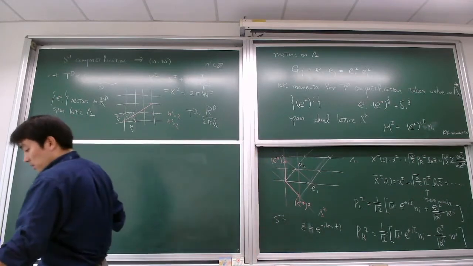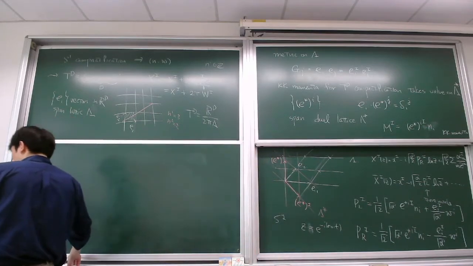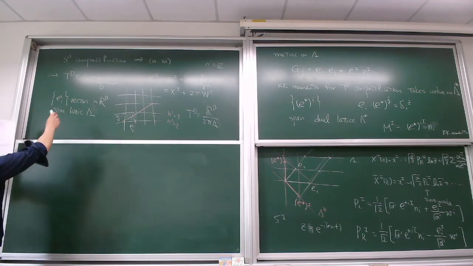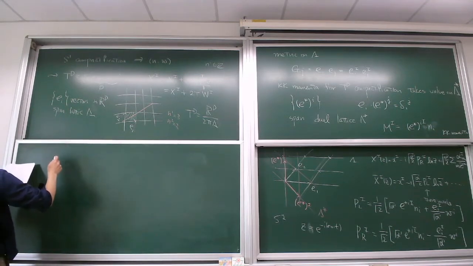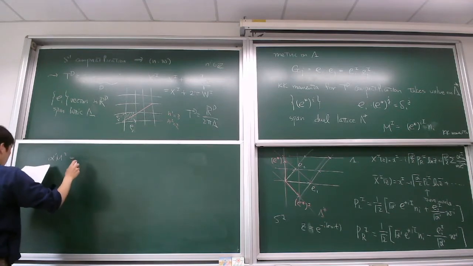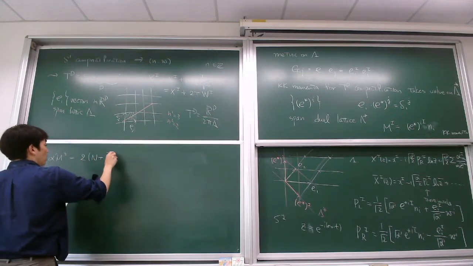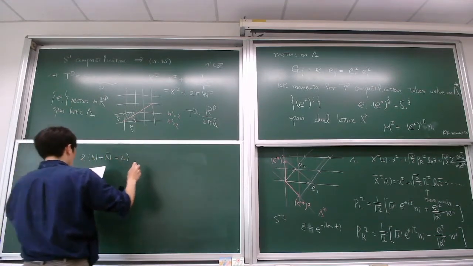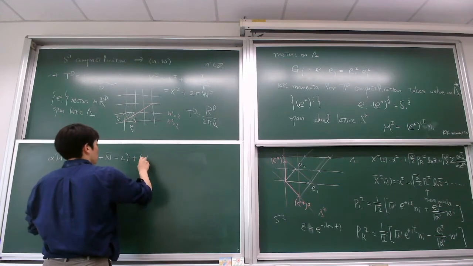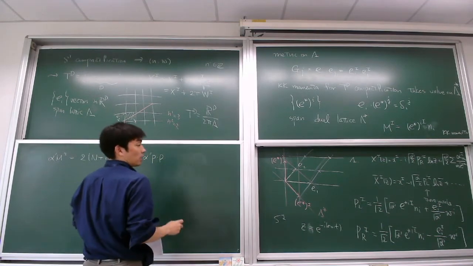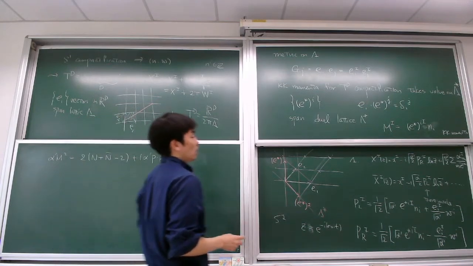So then we can have the higher dimensional level matching condition and also the mass of the string: alpha prime m squared is equal to 2 times N plus N bar minus 2 plus p dot p. Did I write p dot p?